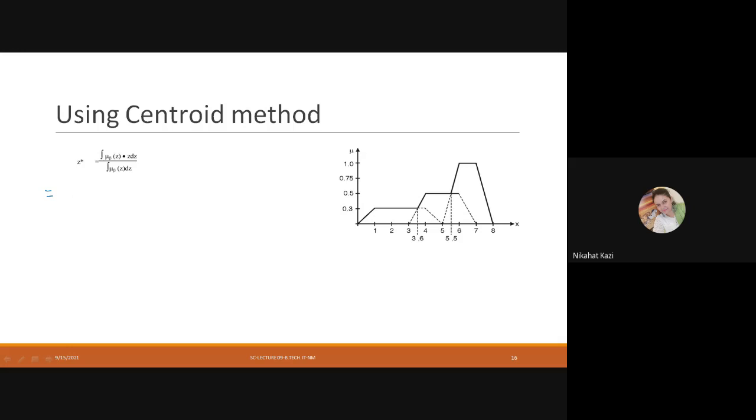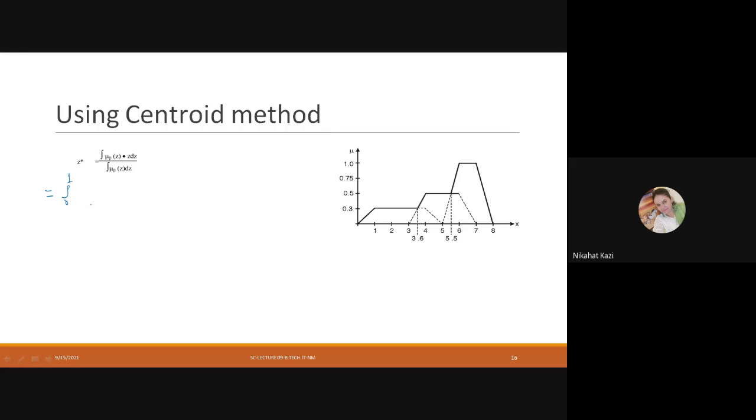So what do you do? Definite integral starting from 0 to 1, what is mu of z? The equation of this line. Can you tell me the equation of this line? Y is equal to mx plus c.